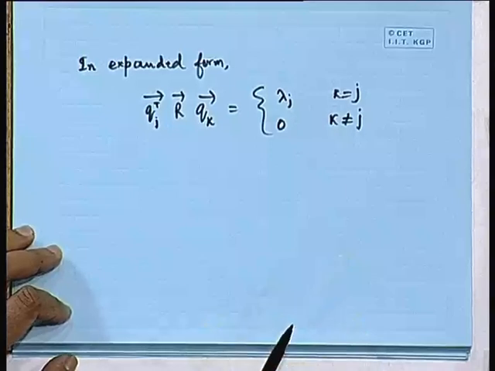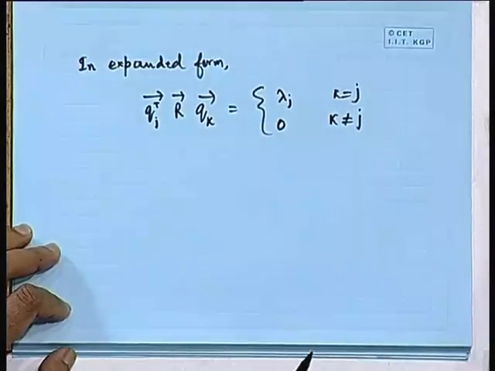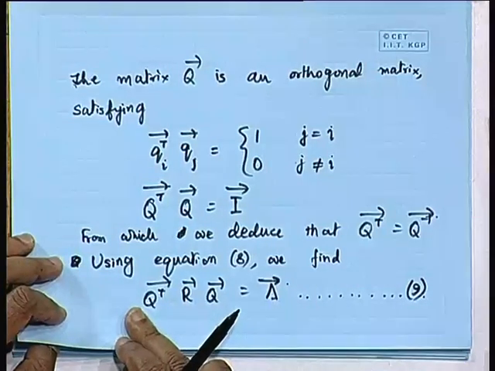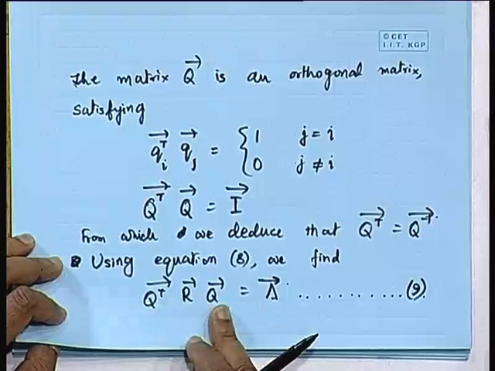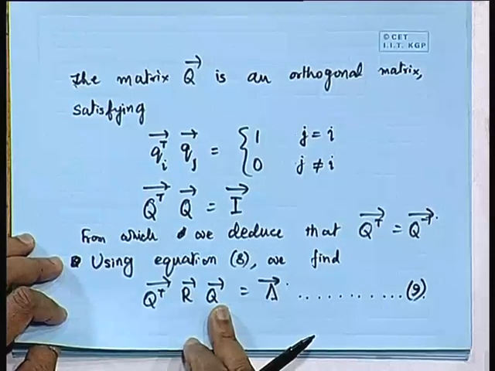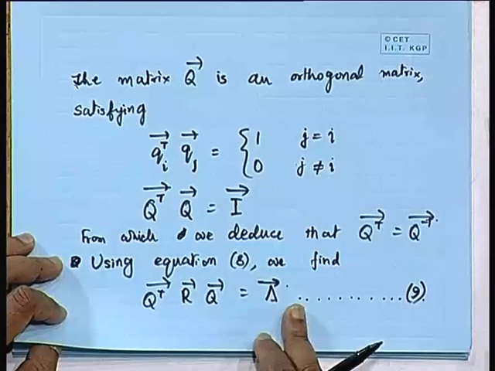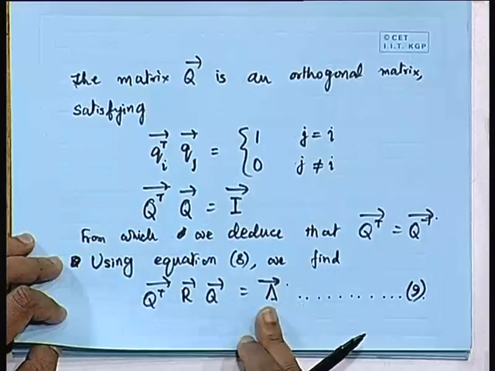Another thing that you should see is that this correlation matrix R itself could be expanded in terms of the eigenvalues. You can pre-multiply this by Q and post-multiply that with Q transpose. If you do that, what results is the R matrix on the left hand side, and on the right hand side what results is Q lambda Q transpose.